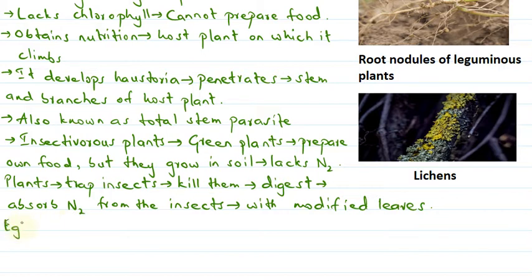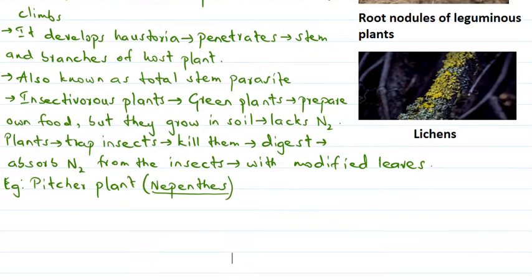The example we will take here is of the pitcher plant. Pitcher plant is one of the insectivorous plants. The scientific name of pitcher plant is Nepenthes. So in pitcher plant, what happens?